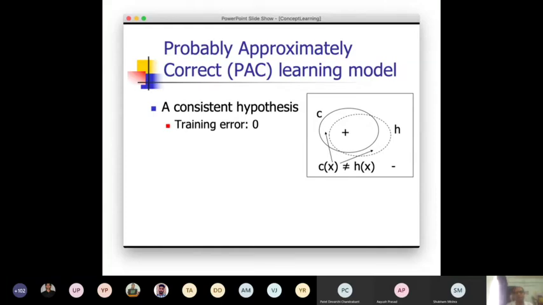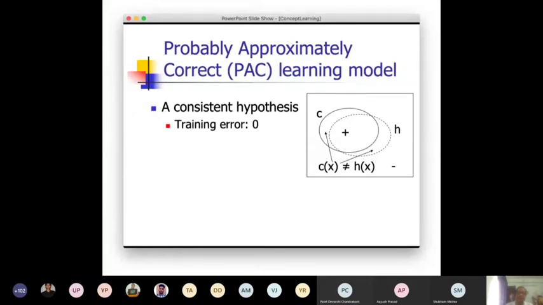Now let me give you a bit more general perspective of this learning. This is some of the basic theory behind computational learning. There is a learning model called the probably approximately correct learning model. With respect to the target function and hypothesis space, we can very easily understand this concept.